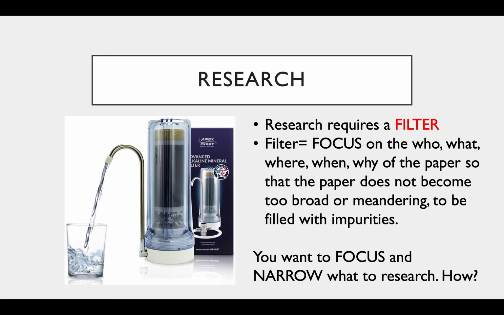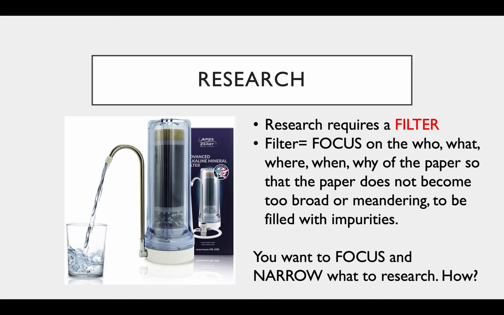So the filter allows you to focus on the who, the what, the where, the when, and the why of the paper, so that the paper does not become too broad or meandering or go off into tangents into things that might be useful and good information, but don't really fit what the research paper is all about.